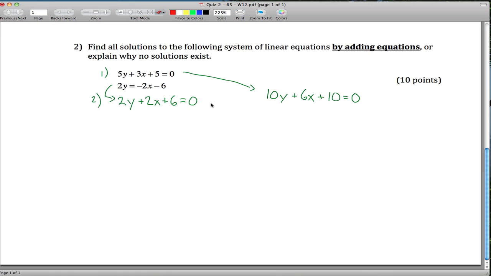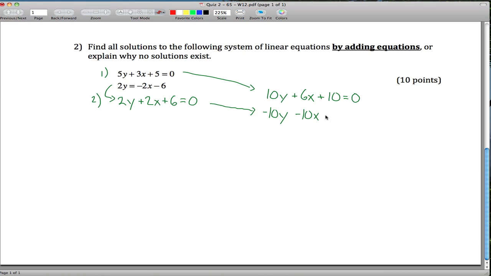Now we look at this bottom equation here, and we want to multiply this equation by negative 5. The reason why is that'll give us negative 10y, which we can cancel out over here. So 2y times negative 5 is negative 10y. 2x times negative 5 is negative 10x.